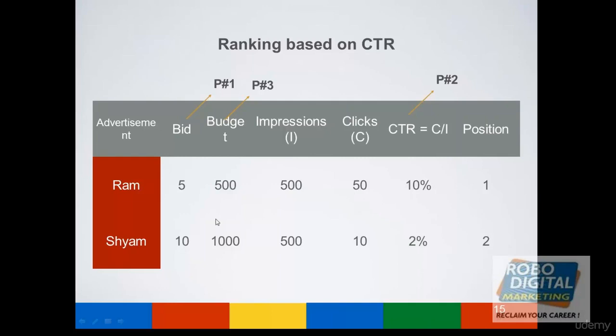Whereas for Sham, it is 10 clicks at a bid of 10, so 10 into 10 is 100 rupees. So Google is earning only 100 rupees here and 250 rupees there. So Google will give a higher position to the person who is giving more revenue to Google AdWords.